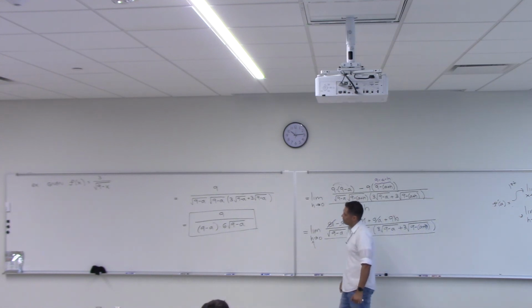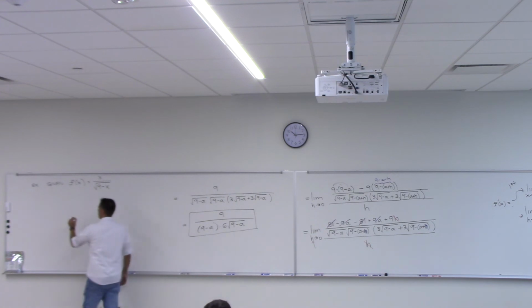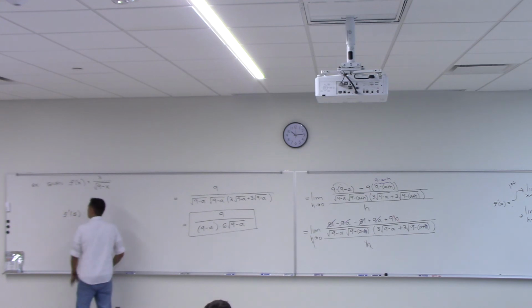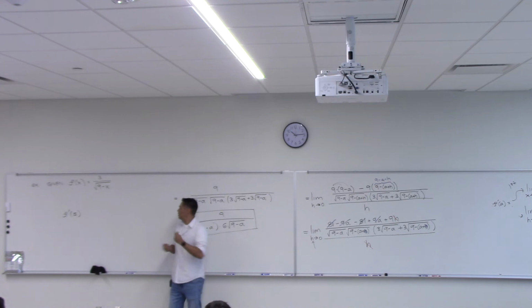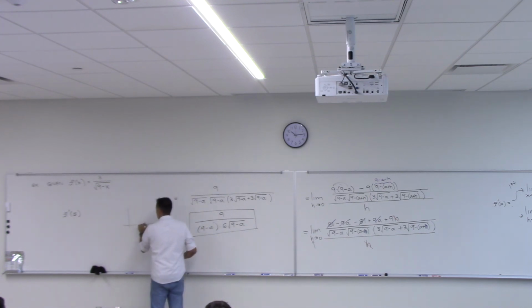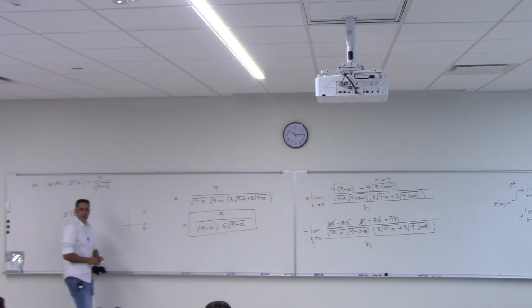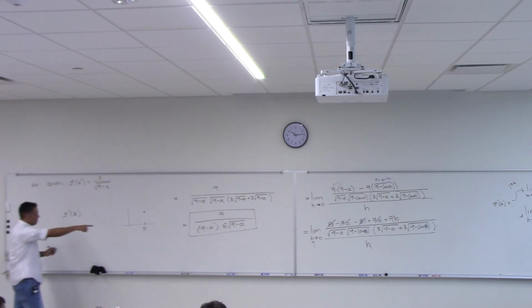Okay. So I'm curious. What's the slope of the tangent line here at 5? So if you graph that function, and you go to the value 5, what's the slope of the tangent line at 5? So you have to plug 5 into that, don't you?